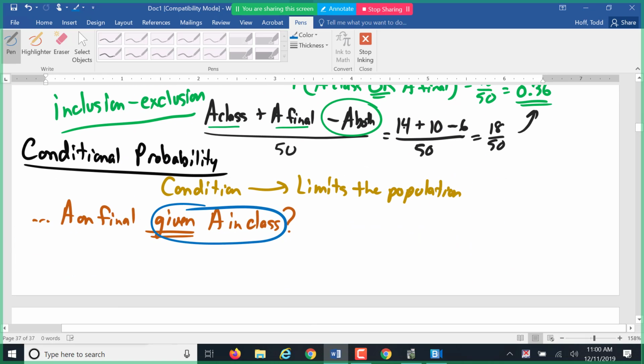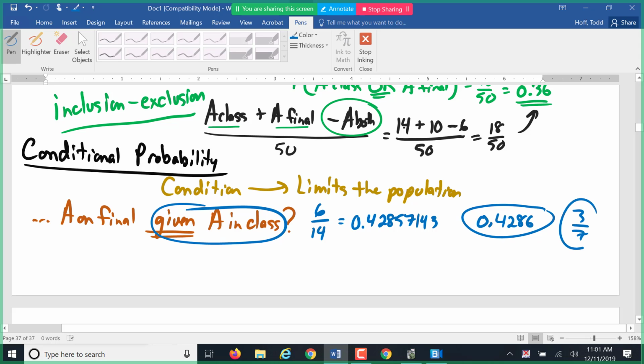So the probability of getting an A on the final, given that you had an A in the class, is 6 out of 14. That divides out to approximately 0.4285714. Typically we round to 4 decimal places, so 0.4286 is that probability. Or you could reduce the 6 over 14 down to 3/7.